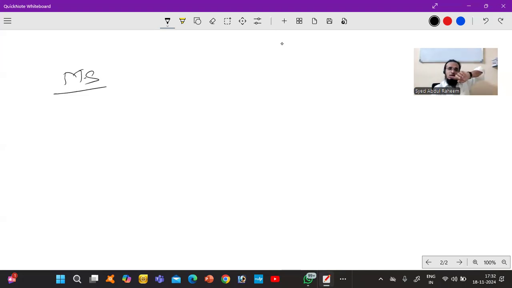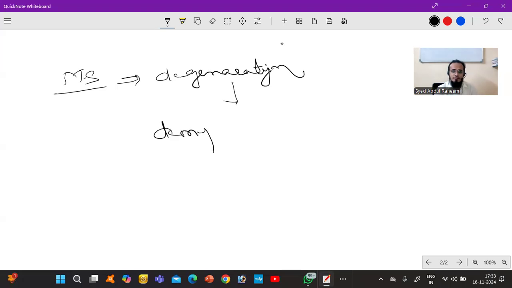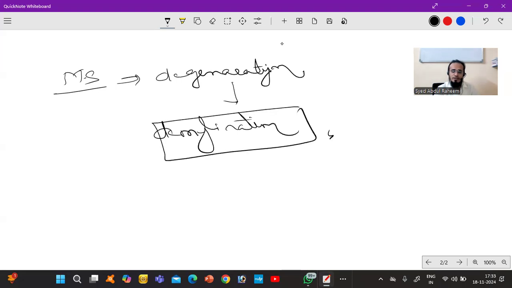You can recognize multiple sclerosis with myelin sheath, so both are MS. In MS, the myelin sheath will degenerate. Degeneration, or we will call it demyelination. Where will it happen?